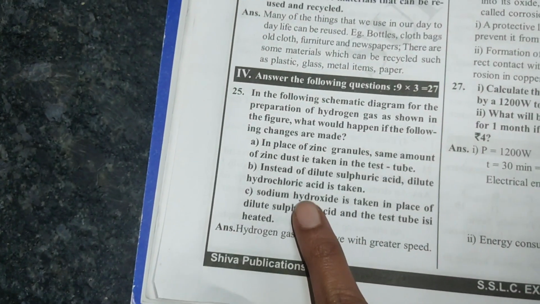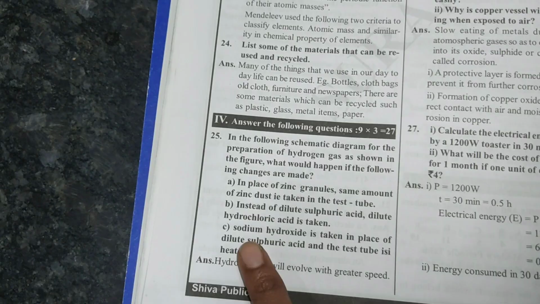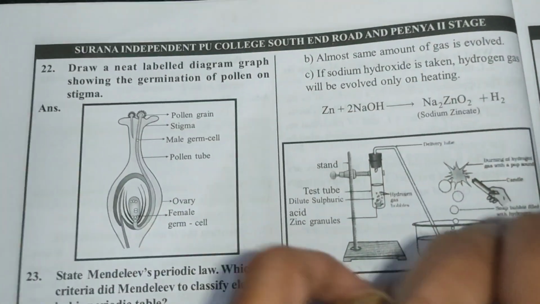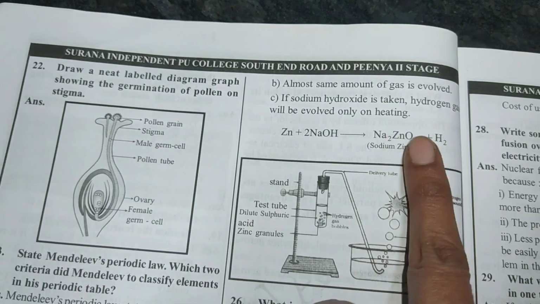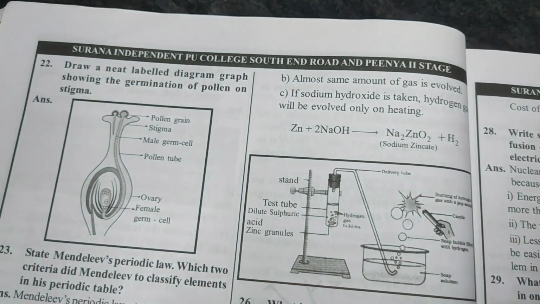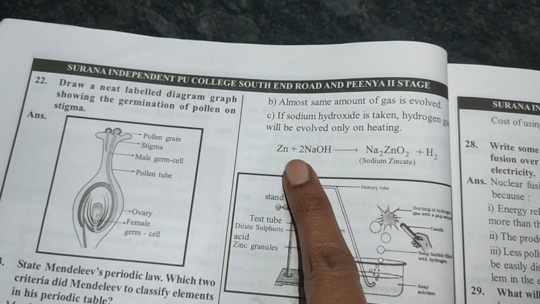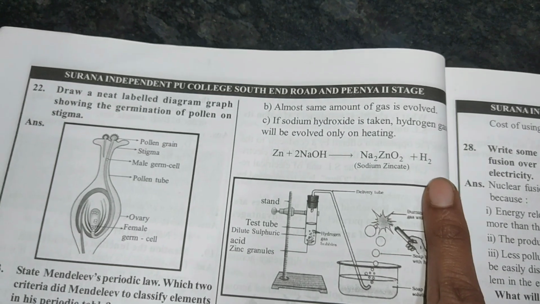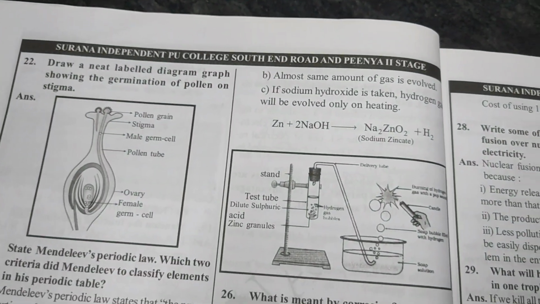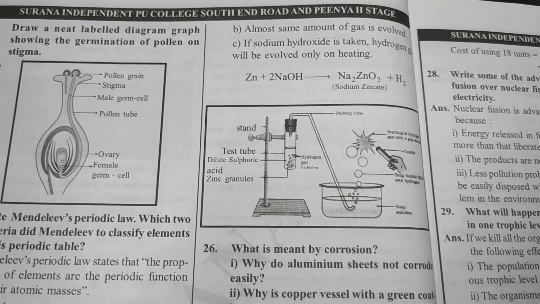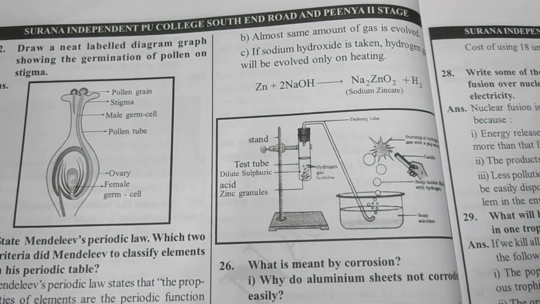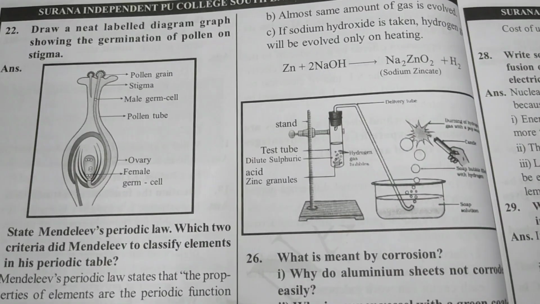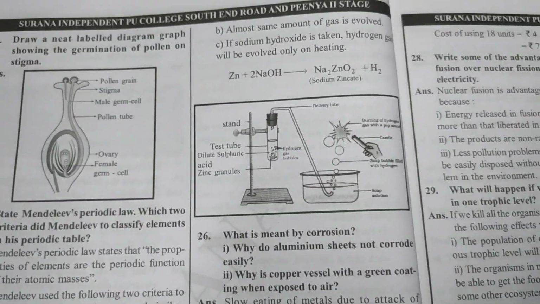If sodium hydroxide is taken in place of dilute sulfuric acid and the test tube is heated, hydrogen gas will be evolved only on heating, because sodium hydroxide reacts with zinc to form sodium zincate and hydrogen gas is released. The sulfuric acid will react vigorously, but sodium hydroxide takes much more time. When it is heated, it will react. So these are the changes occurring.